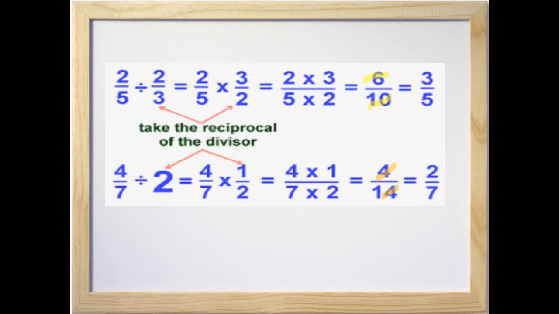So we will divide 4 and 14 by 2. 4 divided by 2 is equal to 2 and 14 divided by 2 is equal to 7. So 2 by 7 is in the simplest form and it is the quotient of 4 by 7 divided by 2. Did you all understand, children? Is it clear?